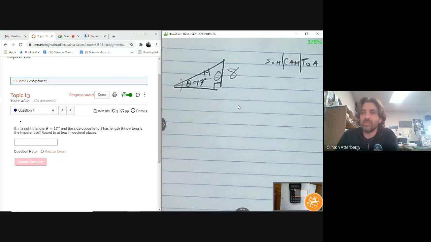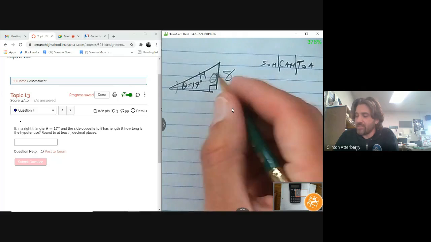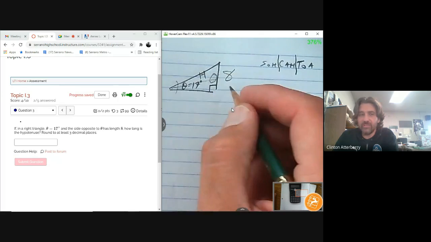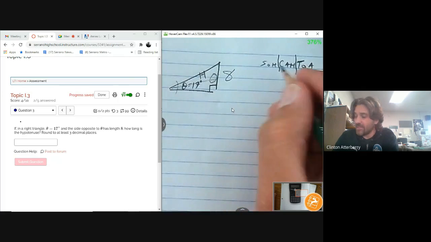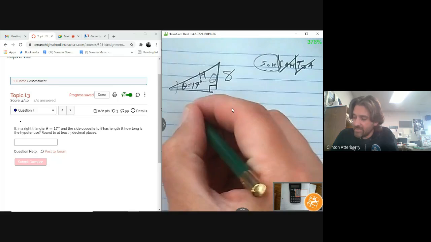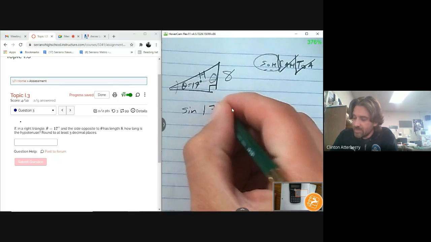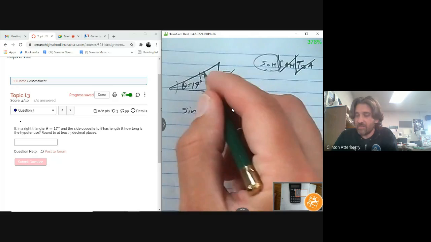It's a little way to remember sine, cosine, and tangent. In a problem like this, I see O and H was what was given, opposite and hypotenuse. I notice there's O and H with sine, so I'm going to choose the sine ratio. The sine of our angle, 17 degrees, equals the opposite divided by the hypotenuse.